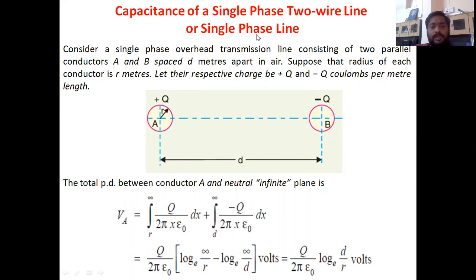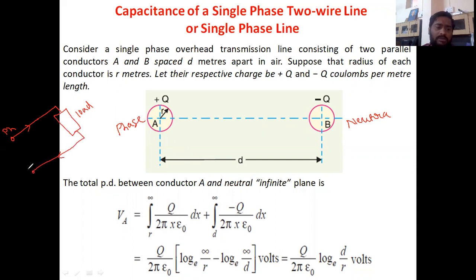Now, in this case, conductor A is considered as a phase and conductor B is considered as a neutral. Obviously, in any single phase line, the phase conductor allows the current to enter the load. Suppose this is the load; after utilization by the load, the current leaves through the neutral conductor.